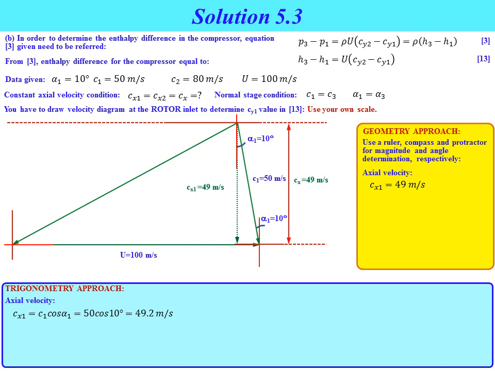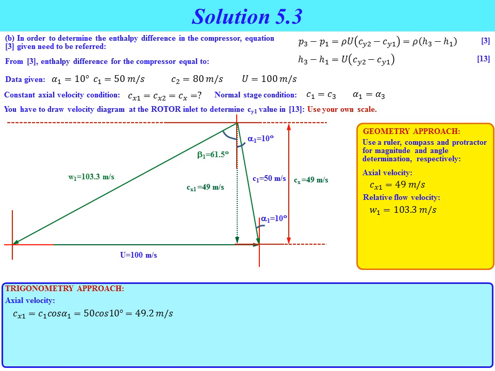Next we can determine the vector W1. Just complete the velocity triangle at the inlet of the rotor. We connect the initial point of C1 and the initial point of the U vector, so we obtain the vector W1, where W1 equals 103.3 meters per second. This is the relative flow velocity.